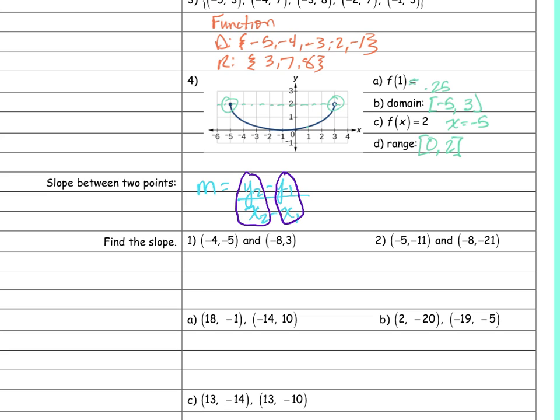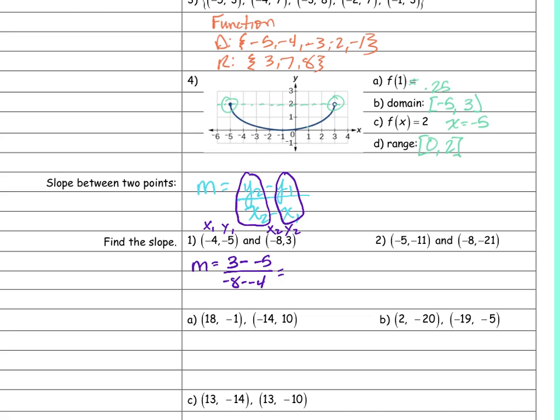So if I'm doing number 1, I'm going to say this is x1, y1, x2, y2, right? And then I say my slope equals 3 minus a negative 5 over negative 8 minus a negative 4.